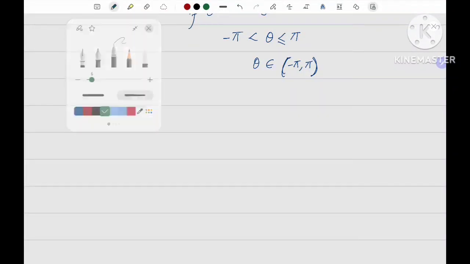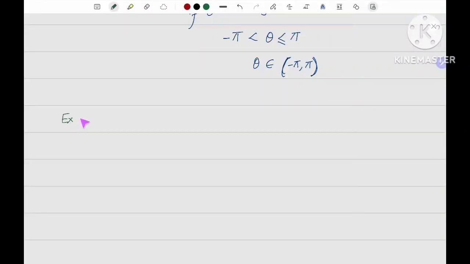Example 1, I want to simplify this expression: i to the power n plus 100, plus i to the power n plus 50, plus i to the power n plus 48, plus i to the power n plus 46, right?